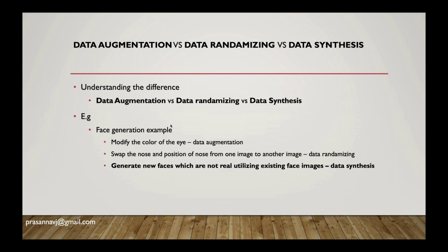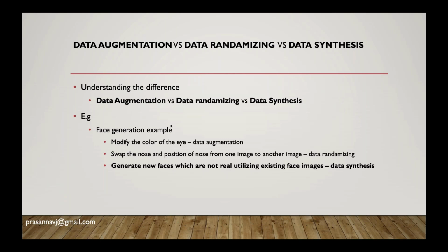Let's take an example: you are looking at building a machine learning model. This machine learning model is going to recognize faces. You could be creating this for, say, a CCTV camera. You want to automate identification of the people on the CCTV camera, and you are building this face generation model.